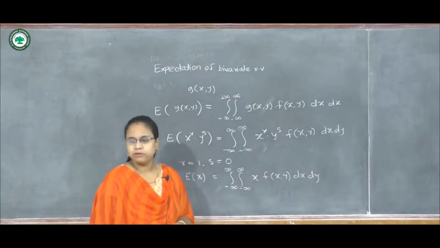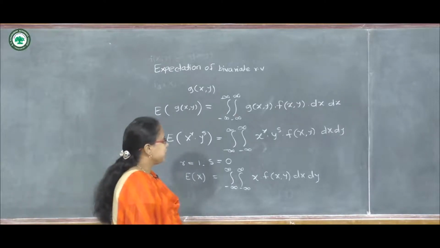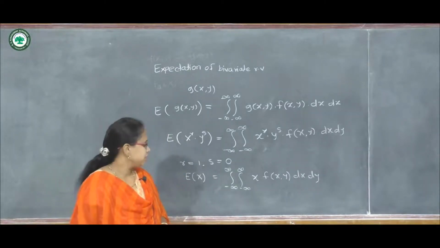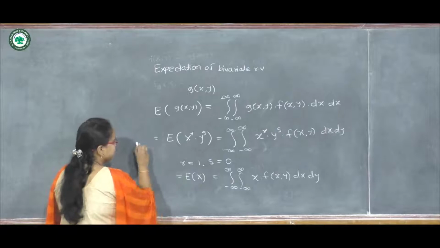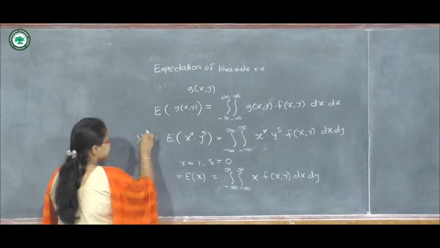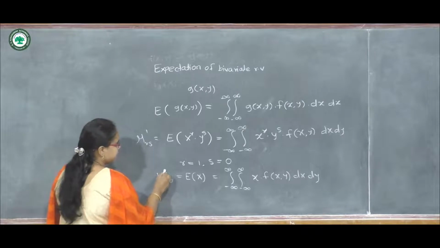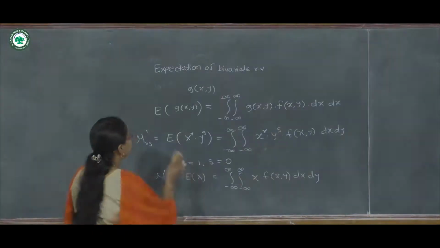So this is the formula for E(X). Similarly, we can substitute different values of r and s to get further moments. So this is mu rs dash. So this is mu 1 0 dash, which is the first raw moment.